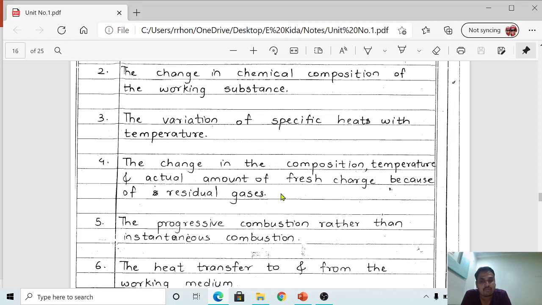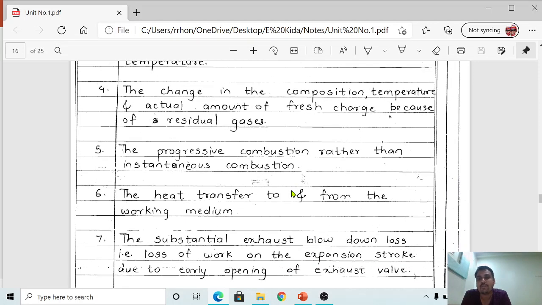As the air fuel mixture burns and converts into gases during the expansion process, some amount of gases may remain inside the combustion chamber, and those gases react along with the fresh air fuel mixture. That shows up as temperature changes, and the amount of fresh charge will change, and this again affects the cycle.